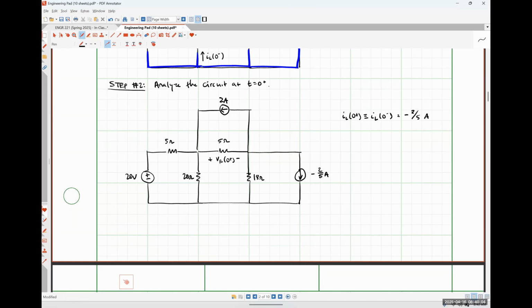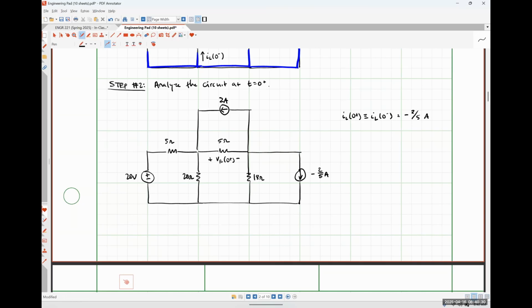So how might we go about solving for VR at 0 plus? Which analysis? Nodal. Okay, so we could do nodal.